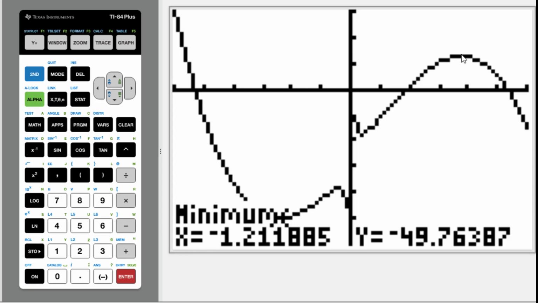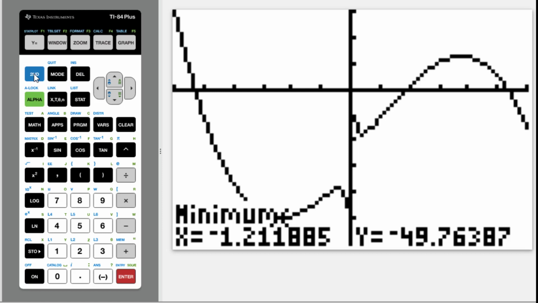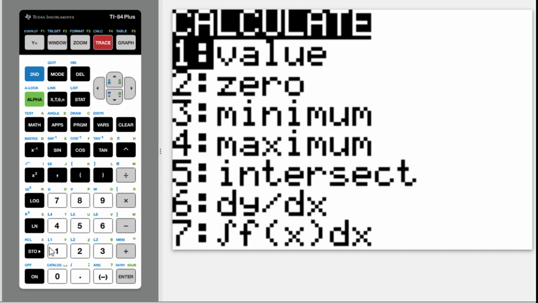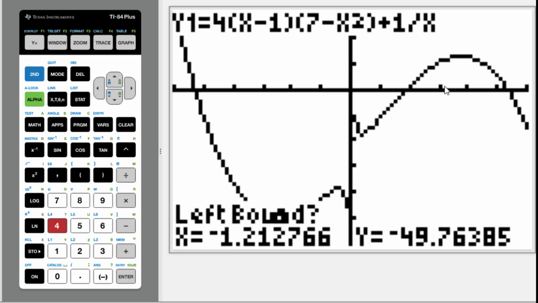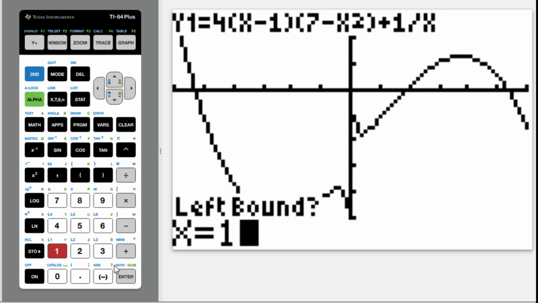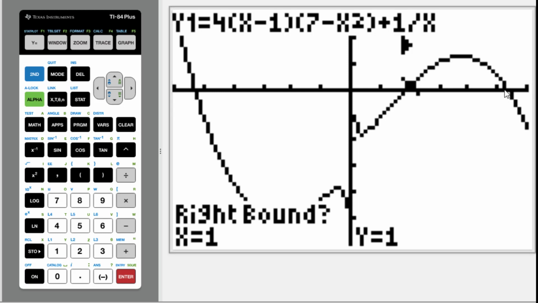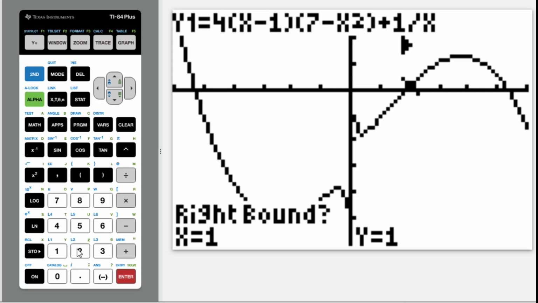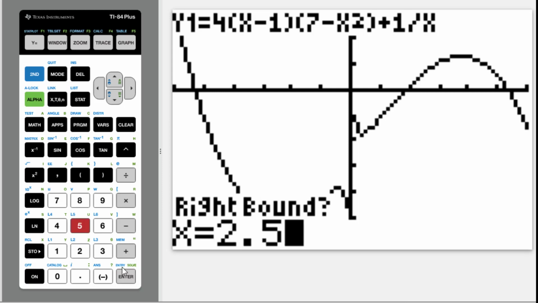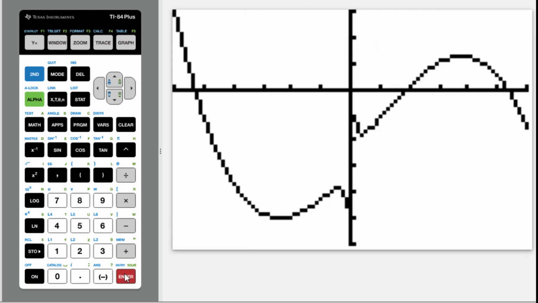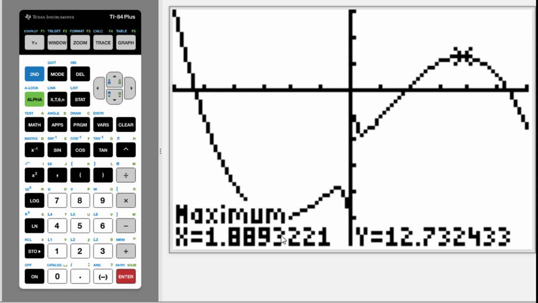Then go to this maximum. Second trace, 4. Maximum, this is a 1. So let's use 1 as left bound. Right bound will be, this is a 2.5. Then enter. The coordinate will be 1.89, 12.7.